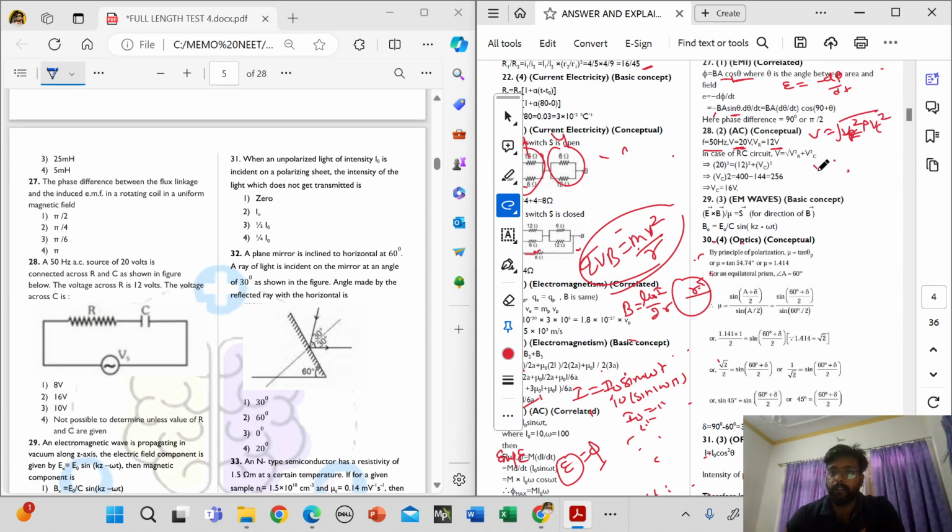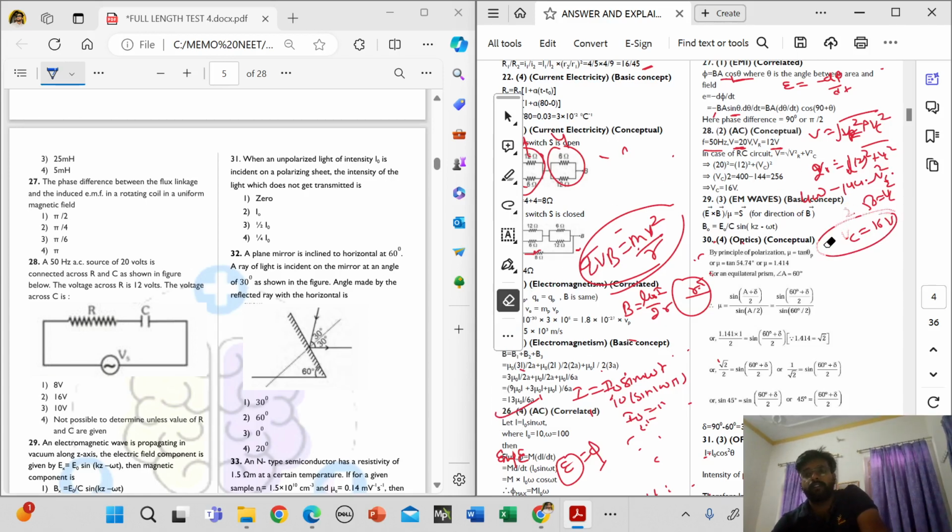So V is given, that is 20. 20 squared is 12 squared plus VC square. We get 400 minus 144 equal to VC square. From this, VC is equal to 16. Simple question. The concept is that this is an RC circuit, so the resultant voltage will be VR square plus VC square.